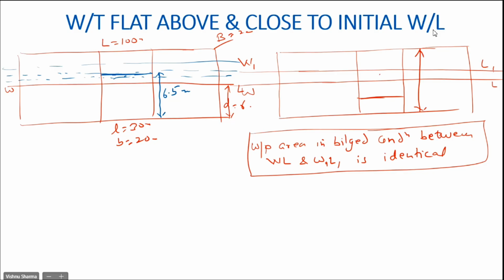This is the question where there is a watertight flat above the initial water line. There is a watertight flat above WL and is reasonably close to it, which puts you in a fix whether the final water line will be below the flat, in line with the flat, or above the flat.